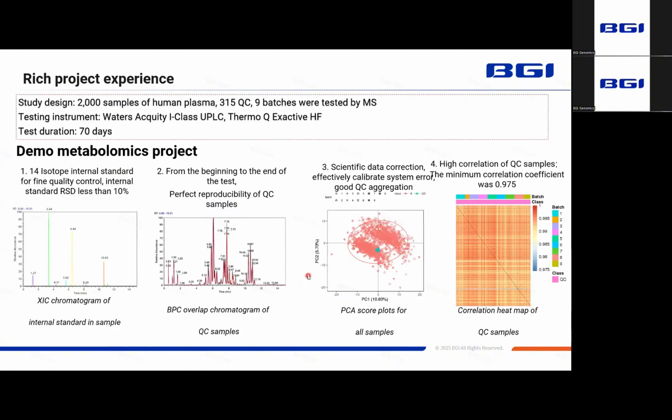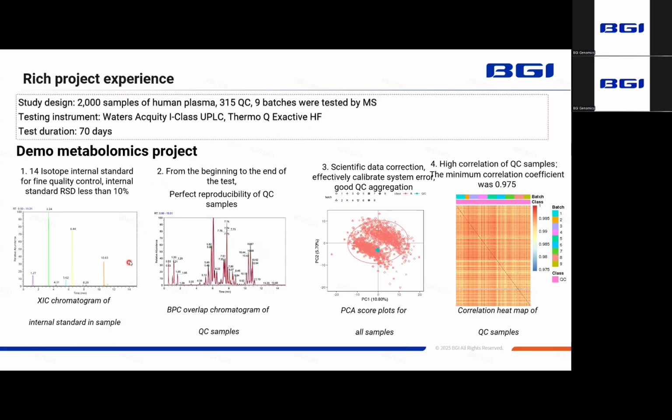Let's look at an example of a large-scale project. In one human plasma study involving 2,000 samples and 350 QC over 70 days of MS acquisition, our quality metrics remained extremely stable.